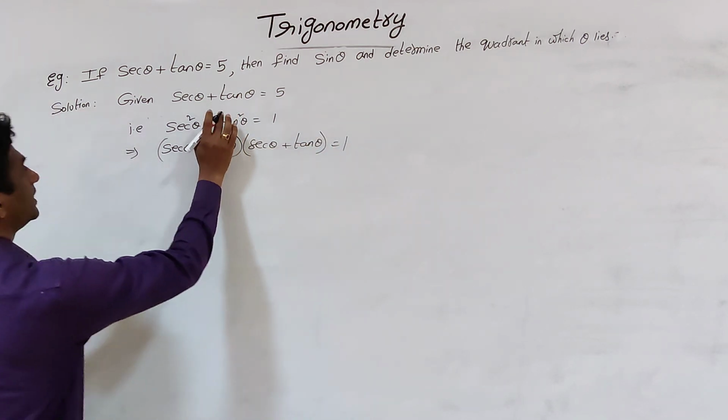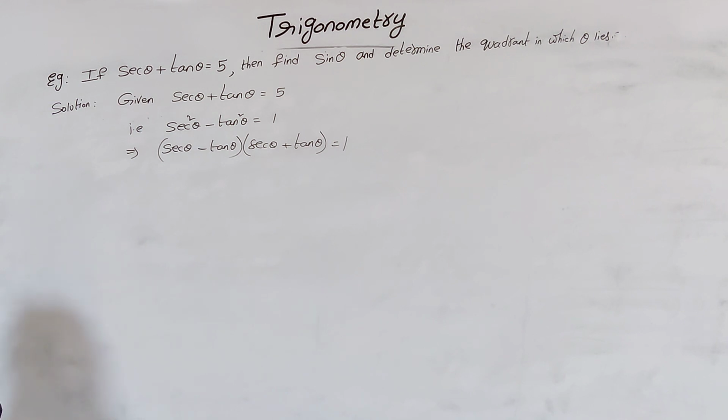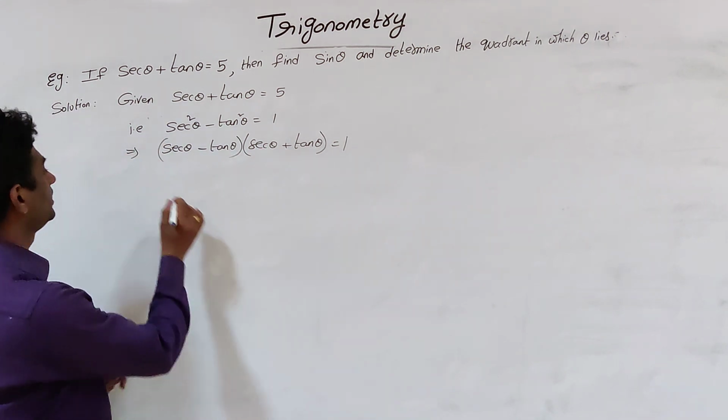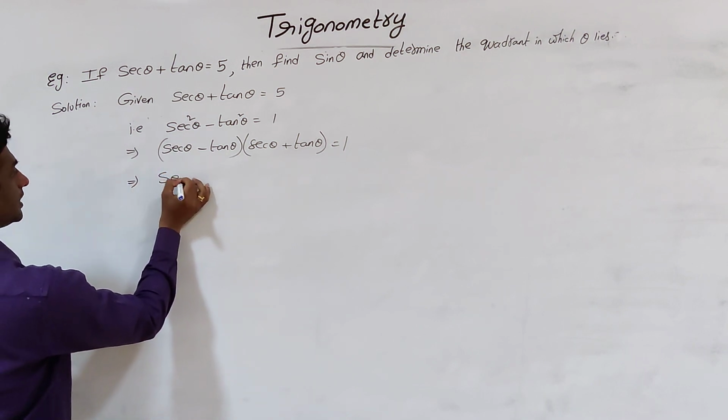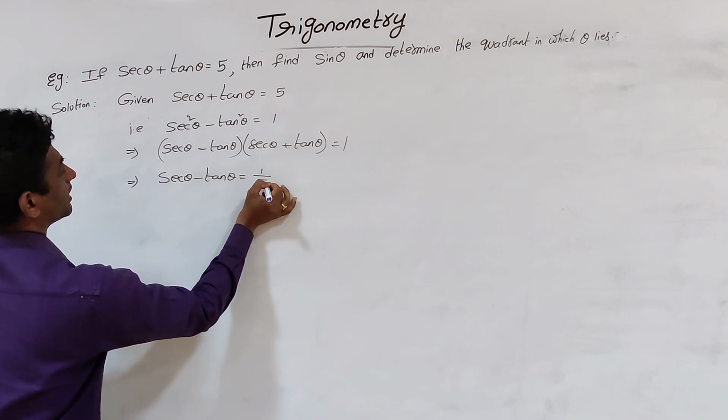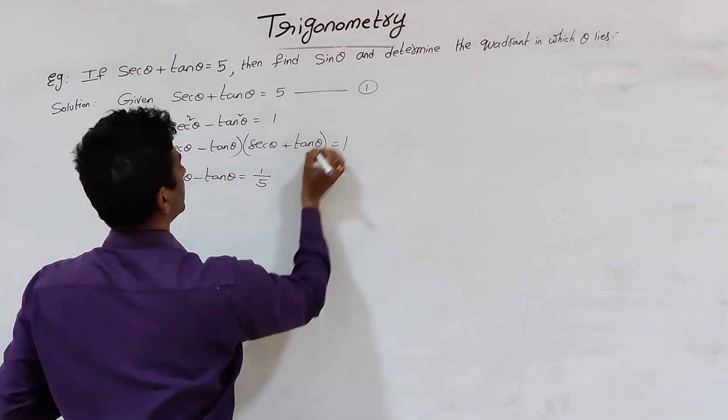So from the given condition, secant theta plus tan theta is equal to 5. If you substitute this, secant theta minus tan theta will be 1 by 5. Assume that this is equation 1 and this is equation 2.